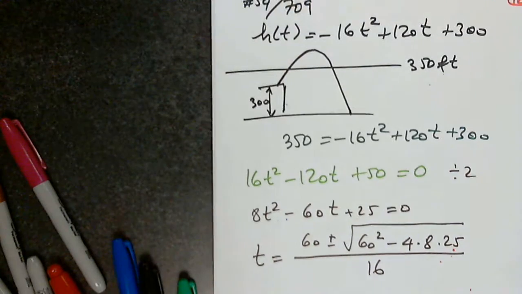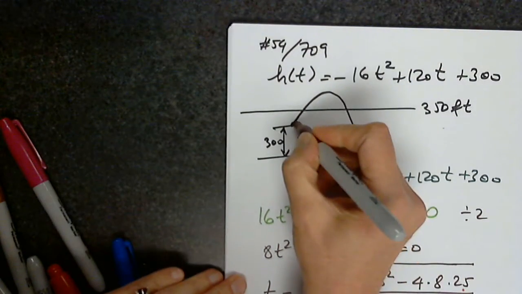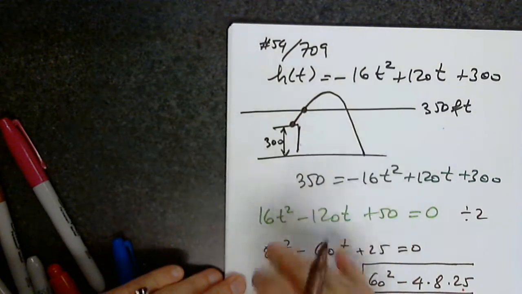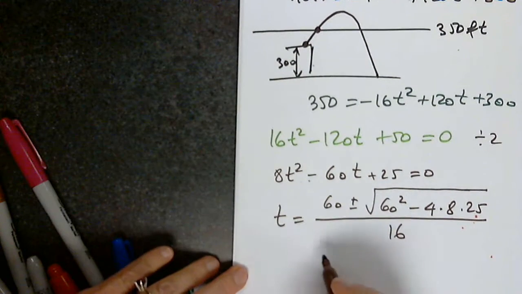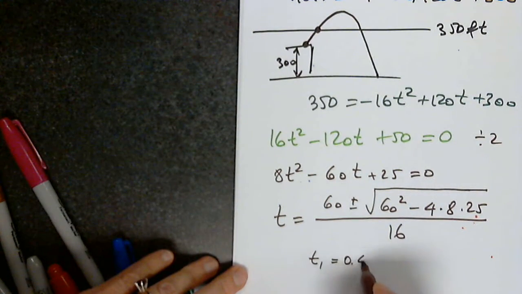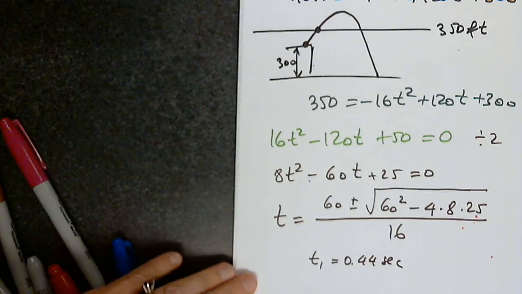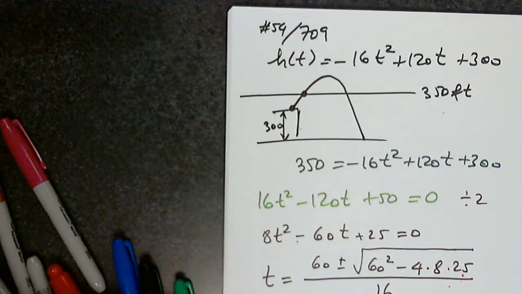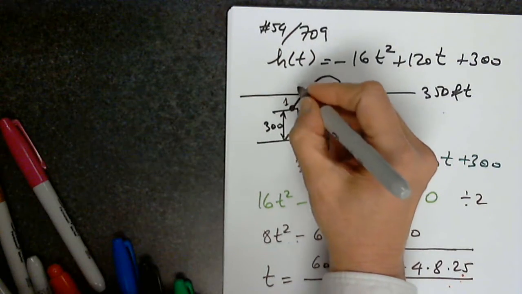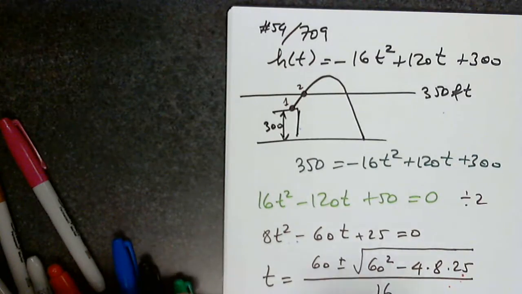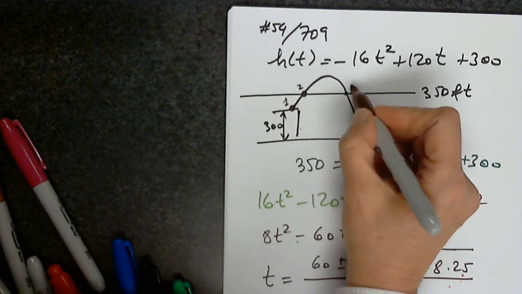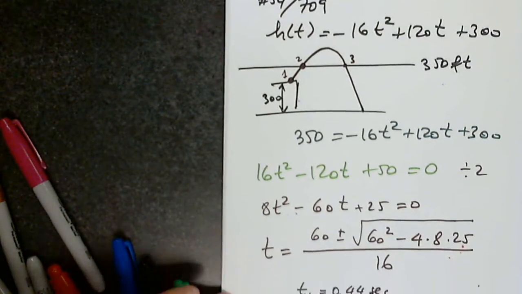So, one more time. The time between this point and this point, it's going to be our T1, which is 0.44 seconds. So this is between 0.1 and 0.2. But the time between 0.1 and 0.3 will be how much?